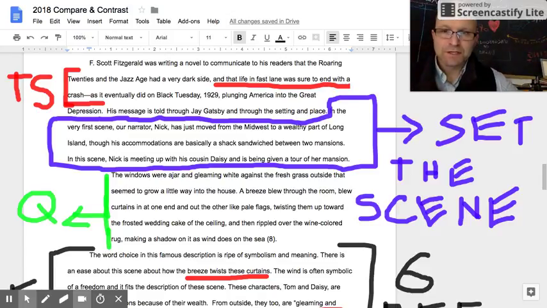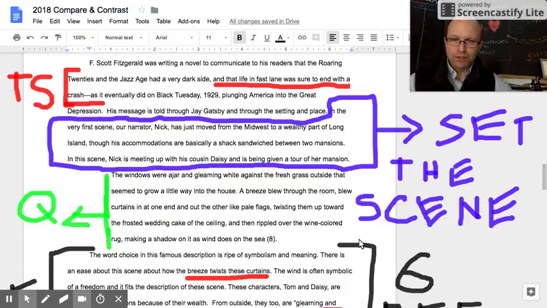In the first scene, our narrator, Nick, has just moved from the Midwest to a wealthy part of Long Island, though his accommodations are basically a shack sandwiched between two mansions. In this scene, Nick is meeting with his cousin Daisy and is beginning a tour of her mansion. Here's the quote.